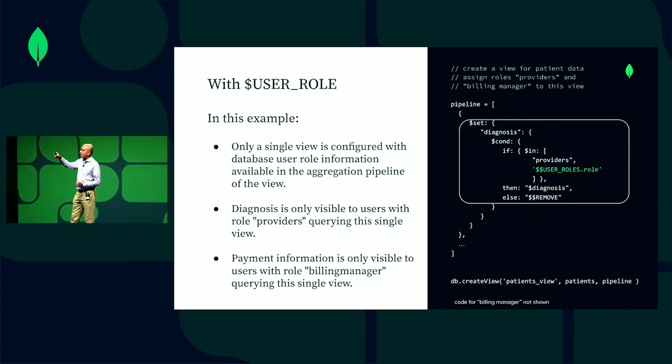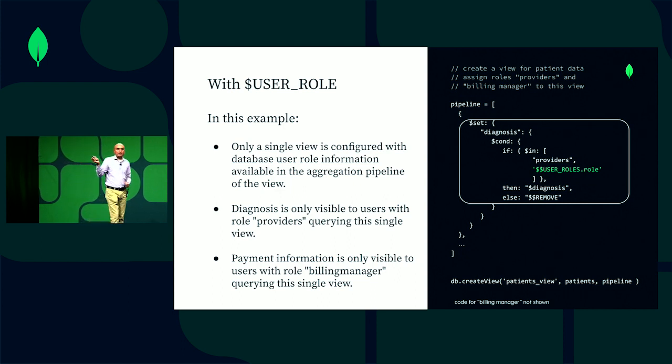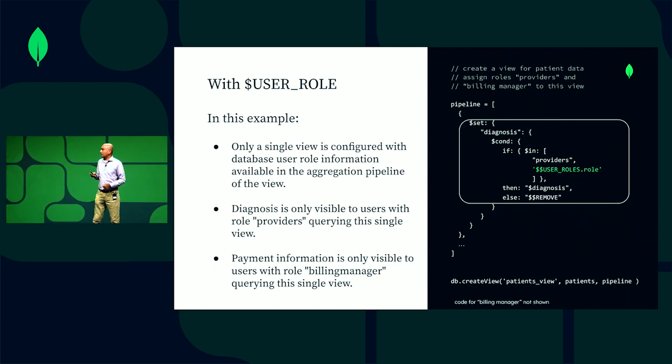It's a pipeline that's basically saying that if somebody who is invoking this view with this aggregation pipeline has the role providers, then they can see the medical diagnosis data. Otherwise, no one else can see the medical diagnosis data. A similar code snippet for the billing or credit card data is not shown, but it will be similar.